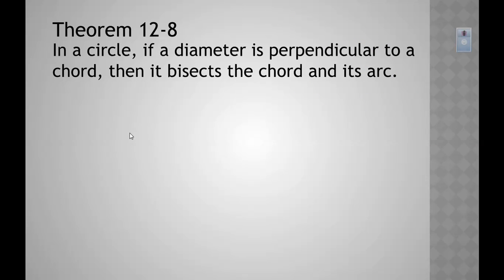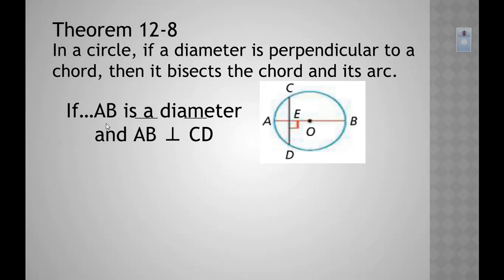Next theorem, theorem 12.8. In a circle, if a diameter is perpendicular to a chord, then it bisects the chord and its arc. So if AB is a diameter, and this would be true of a radius as well, if a radius bisects a chord, the same rules will apply here and the same relationship will be discovered. That means that AB is perpendicular to CD, which means it meets at a right angle.